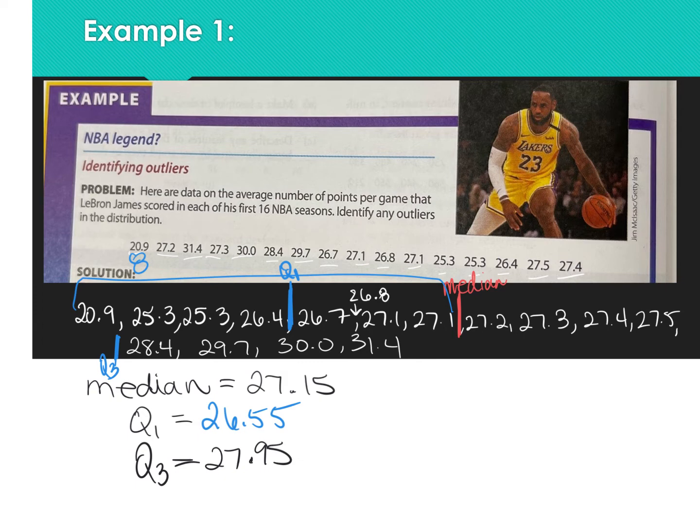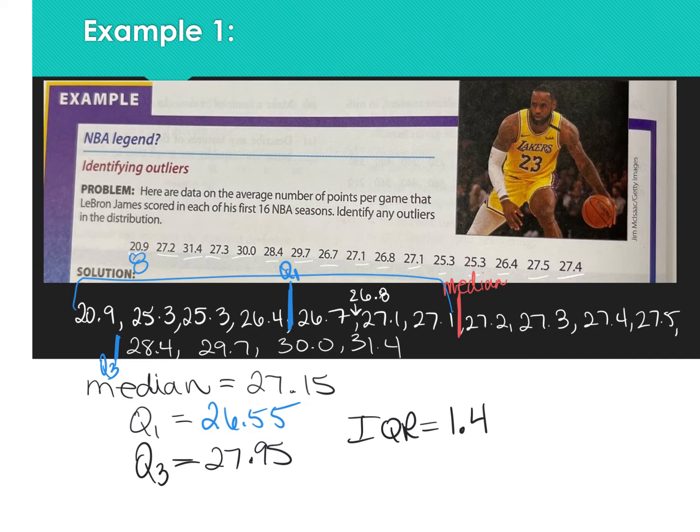Then I can calculate my IQR. So I need the IQR to find the outliers, the outlier fences. So 27.95 minus 26.55 is 1.4. Okay, did we get all that?